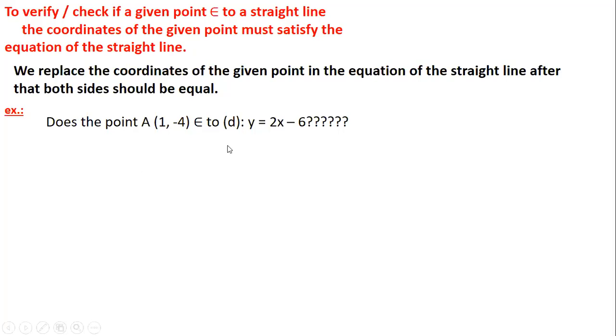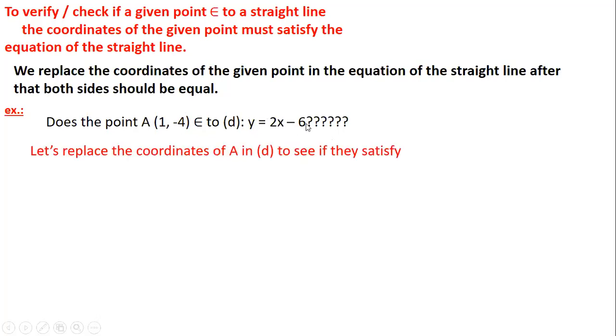I will give you an example. Does the point A (1, minus 4) belong to this straight line D? So I have given you a point A and a straight line D. I want to see, does A belong to D? It's very simple. In D, I have y and x. I should say, yA, the ordinate of A, is it equal to 2 times the abscissa of A minus 6?